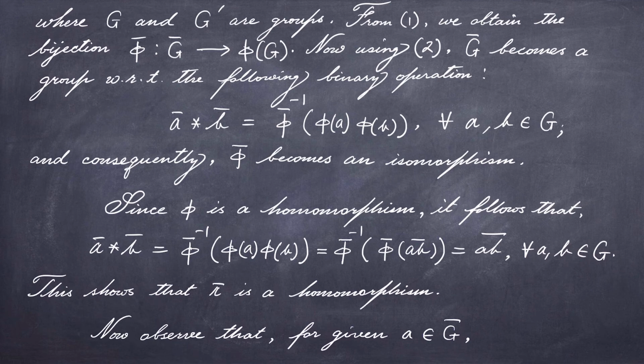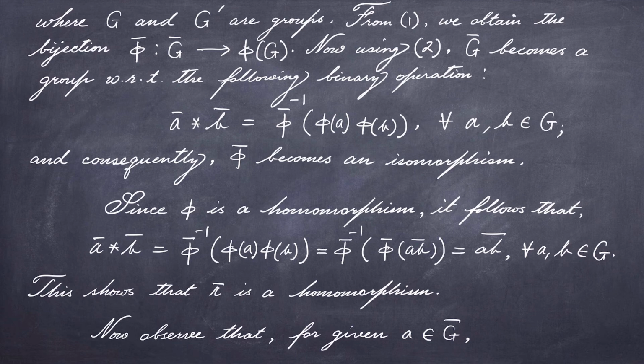We haven't used the structure preserving property of phi, or that G and G prime are groups, those things yet. So we just got phi bar by treating phi purely as a map between two sets.